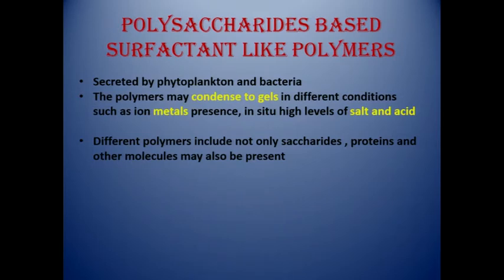And the sea surface microlayer is suspected to be an entire gelic phase blanket. It spreads over. They can do exactly that in different conditions, such as the presence of certain metals or salt, high salt and acid. And I'll show you that a few slides later on.